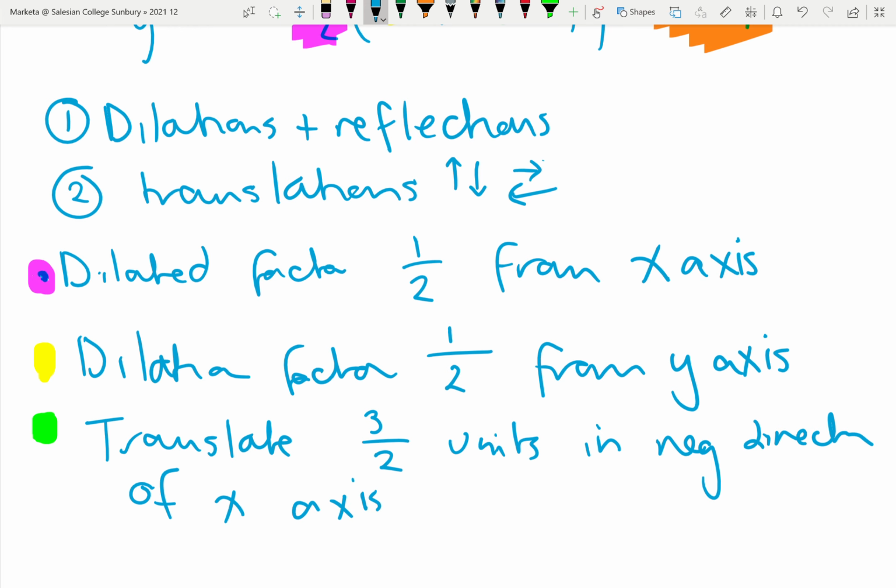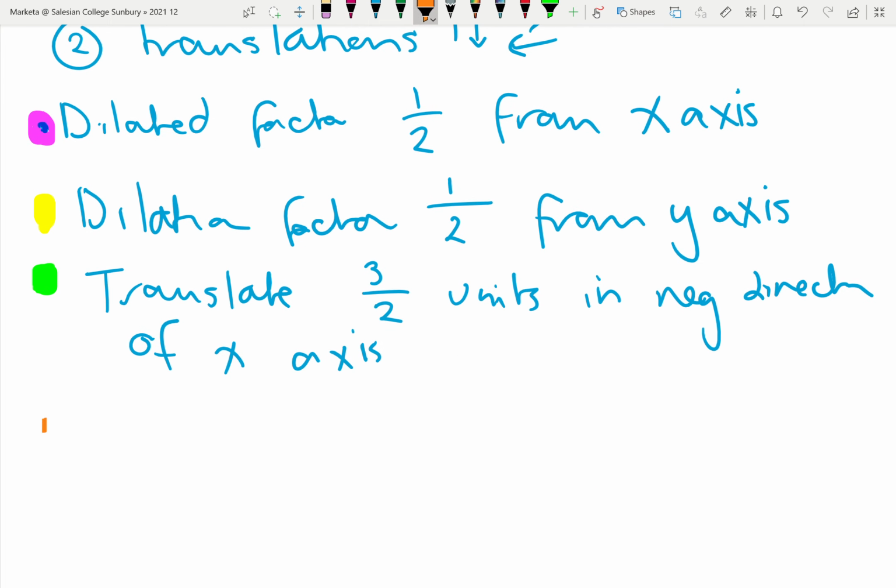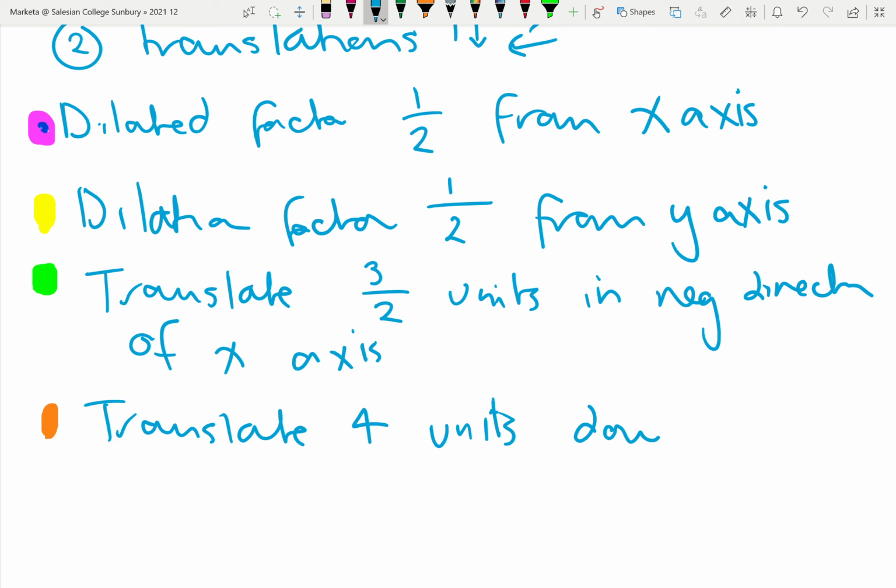And of course the last one being our up and down, the -4. So now we can say translate 4 units down.